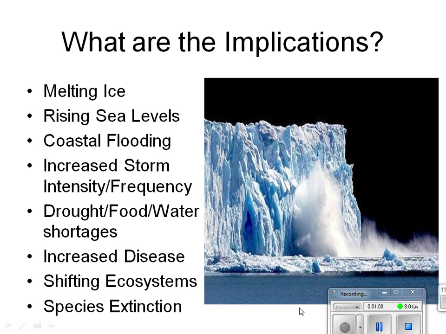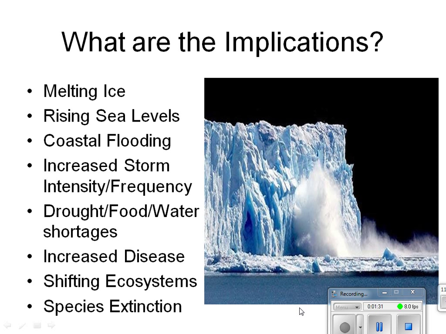Right, first on the list, as you can see, is melting ice. Okay, so the world's getting warmer, ice is melting. So what happens when ice melts? First of all, when ice melts, the albedo of the Earth changes. Albedo really is a measurement of the reflectivity of the Earth.